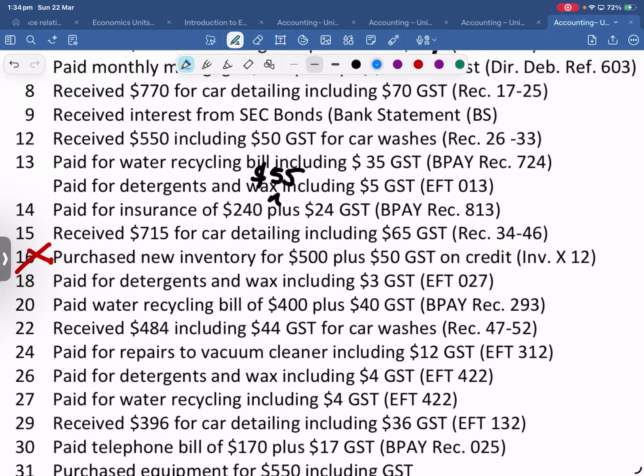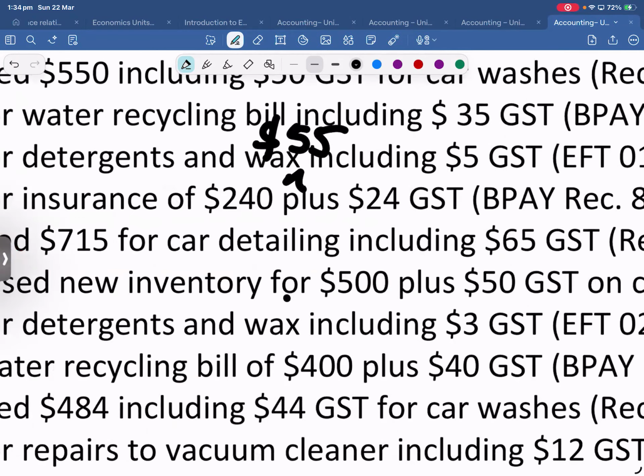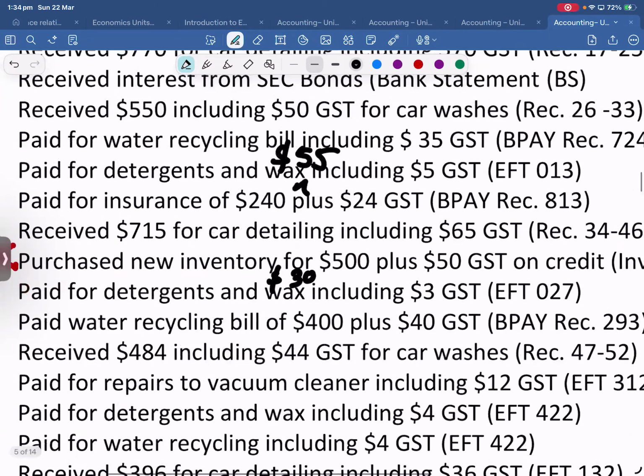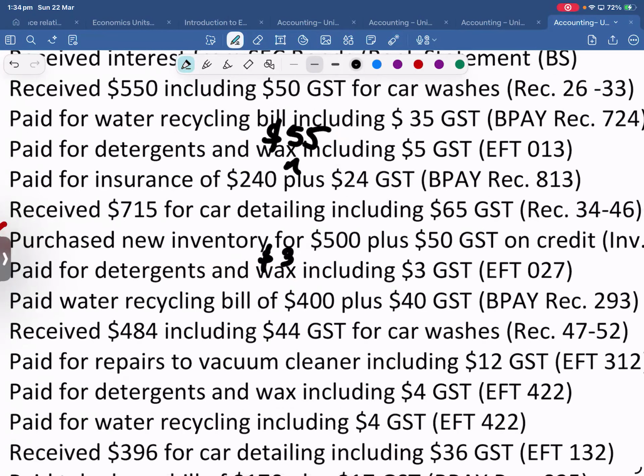Okay. Wax. This one again missing amount. Wax 30. Should be $30, including 3 GST. Sorry, my bad. 33, including 3 GST. That's payment.